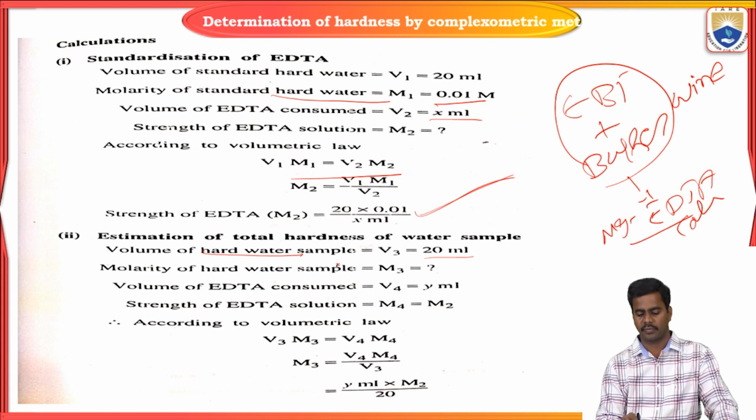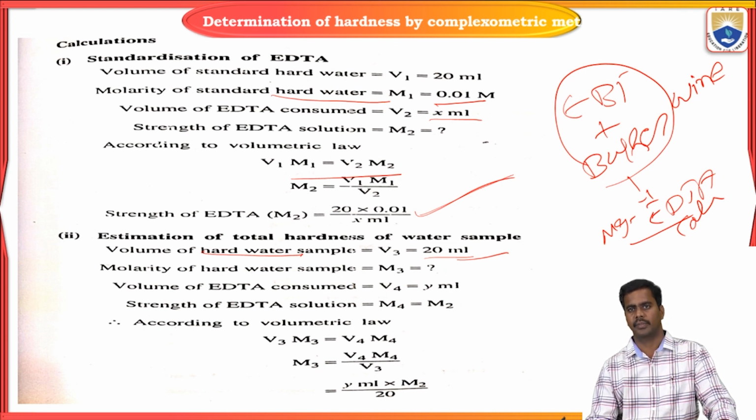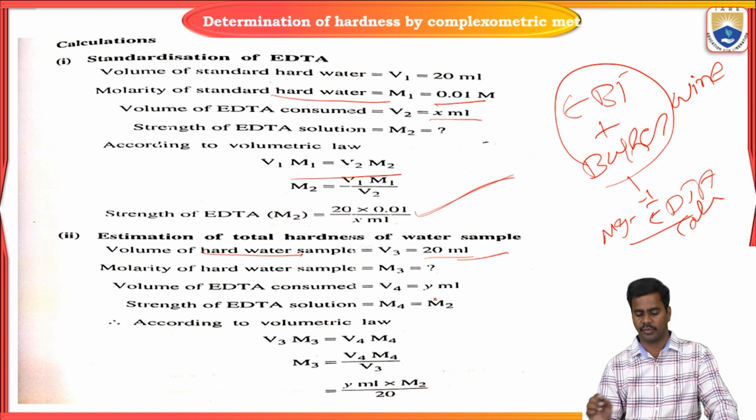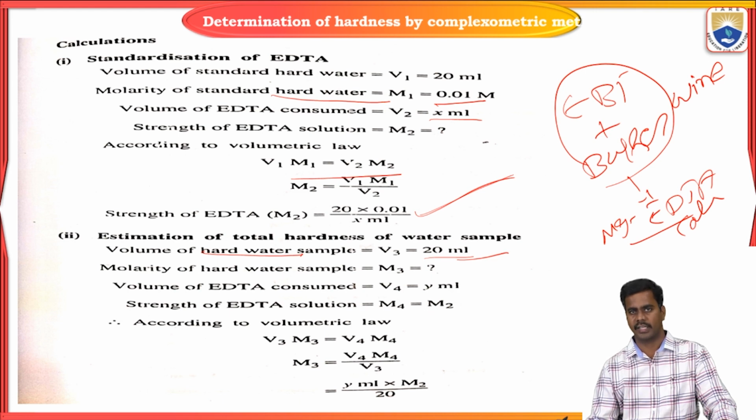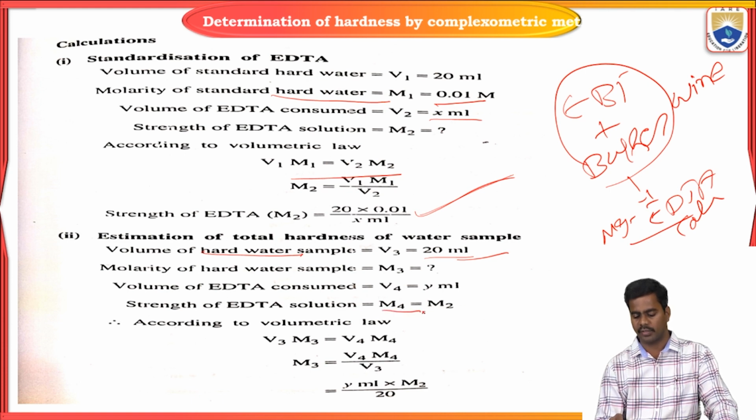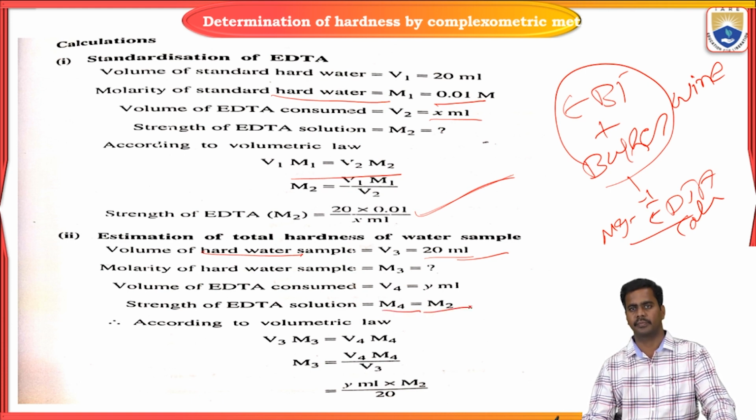Here, the volume of hard water sample taken into the conical flask is V3, 20 ml, and the molarity of the hard water sample is M3, which we have to calculate. The volume of EDTA consumed is V4. The strength of EDTA is M4. Already we know the strength of EDTA, determined through the standardization step. That's why I am taking M4 equal to M2.